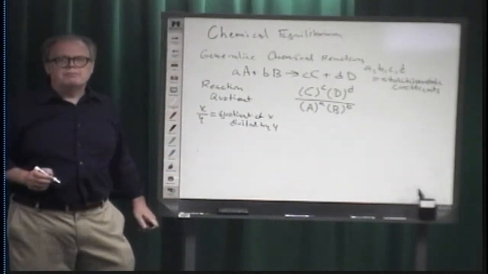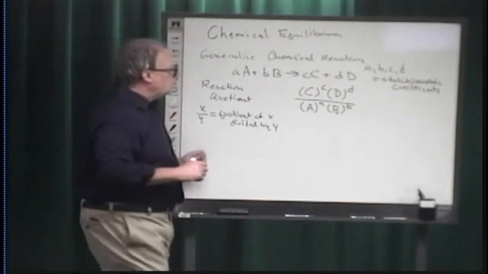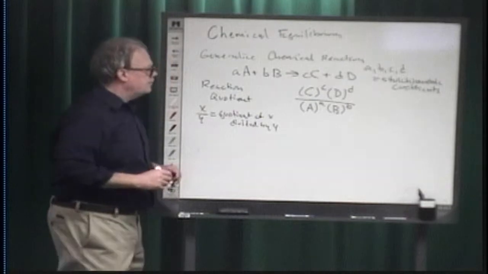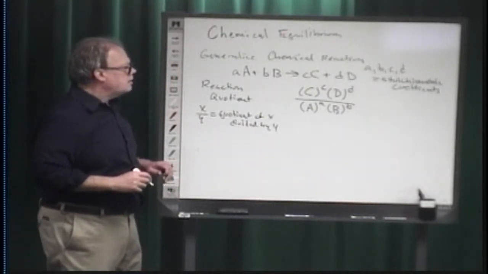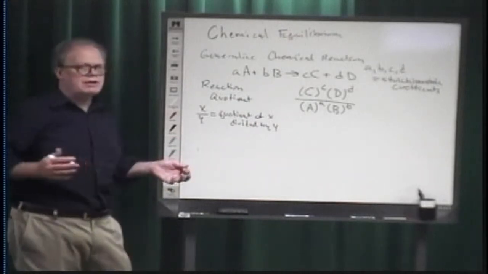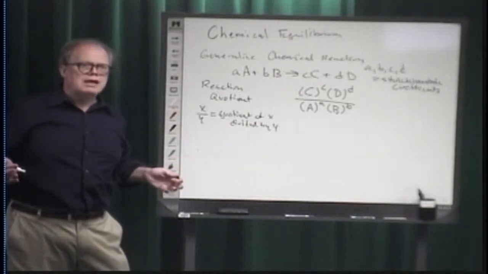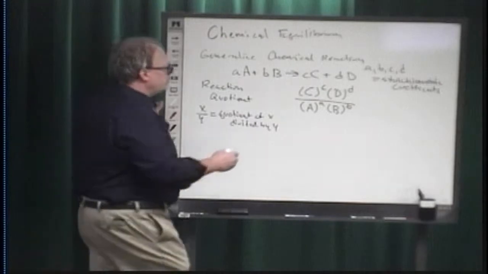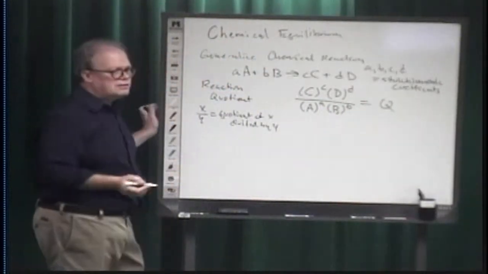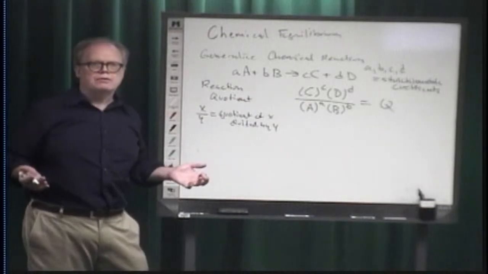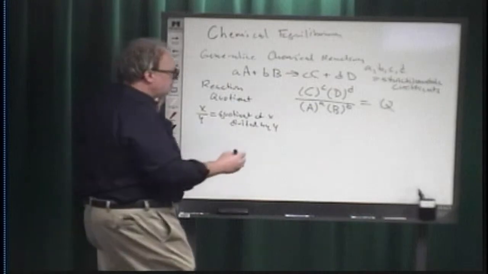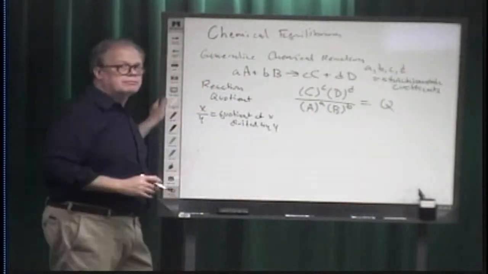So when we write this out, we can fill in the concentrations for the different reactants and products, but this reaction quotient, which we could symbolize with a Q, doesn't necessarily have any particular numeric value unless we say the system is at equilibrium, okay?